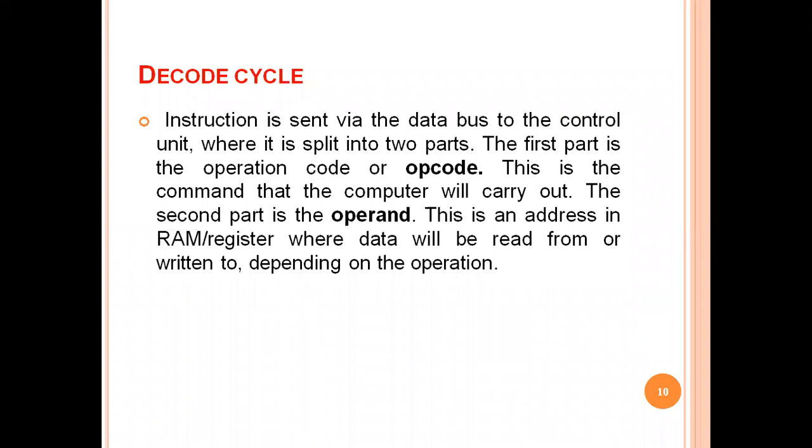Based on the decoding of the instruction, the control unit will generate the control signals such that the different components of the architecture are activated to carry out the particular operation. That means suppose ADD AB. In this case, we require the arithmetic logic unit. That means the ALU will be activated by the control unit once it decodes the instruction. Clear? So this is called the decode cycle. Clear?